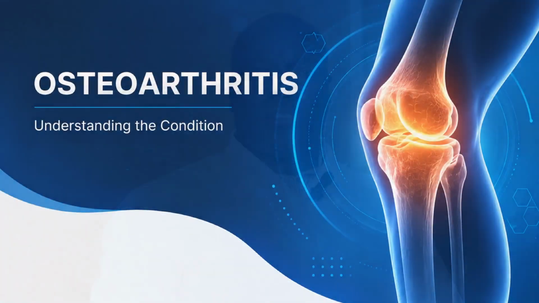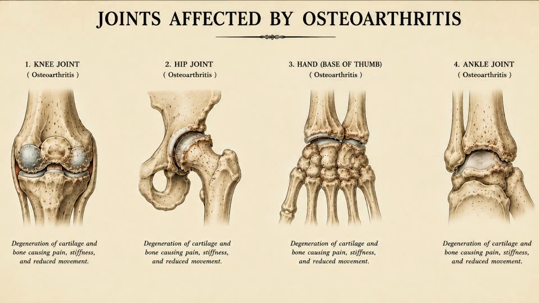Osteoarthritis is a word derived from two different words, osteo referring to bone and arthritis referring to joints. Basically, this is a condition that affects joints, and in medical terms, the joints that are affected are referred to as synovial joints.